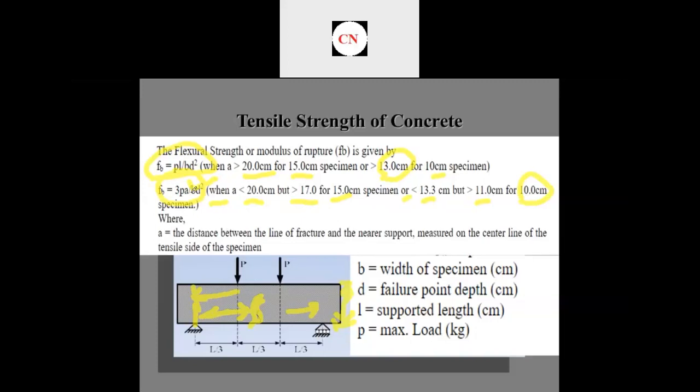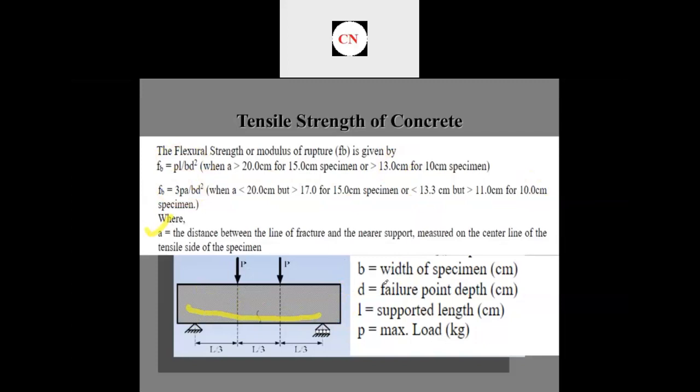So in this formula, either PL by BD square or 3PA divided by BD square, A is, as I said, the distance between the line of fracture and the nearest support, measured on the center line of the tensile side of the beam with the help of a scale.